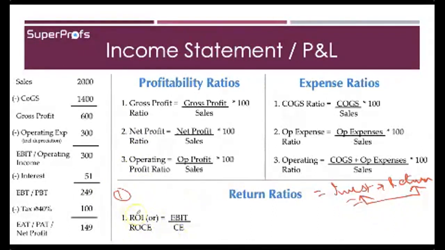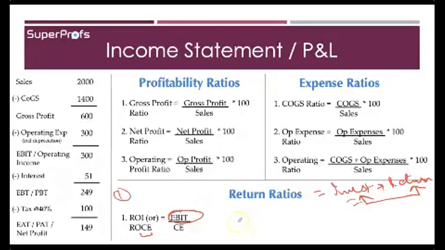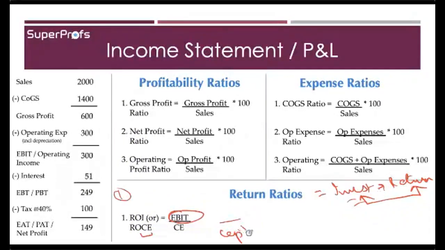Return on capital employed means you have to determine what is the return or what is the profit, how much have you earned against the capital employed. So in the denominator you will take capital, in the numerator you will take your profit, which is your EBIT, the earnings before interest and taxes.